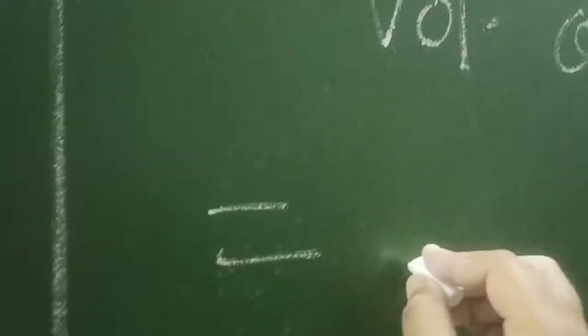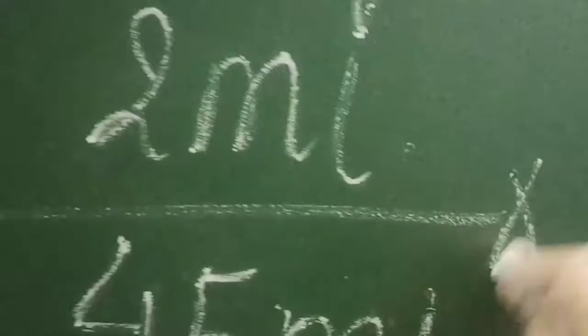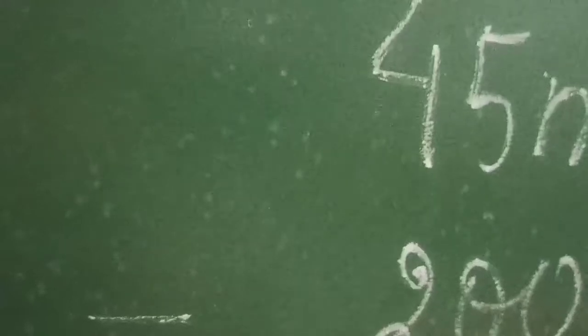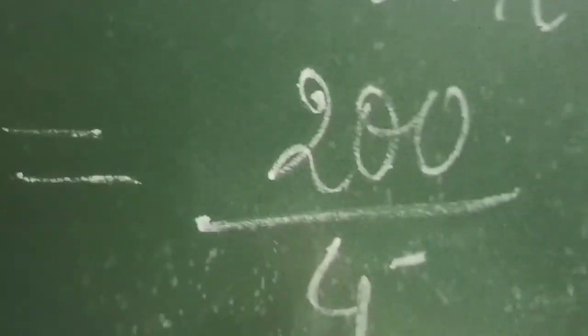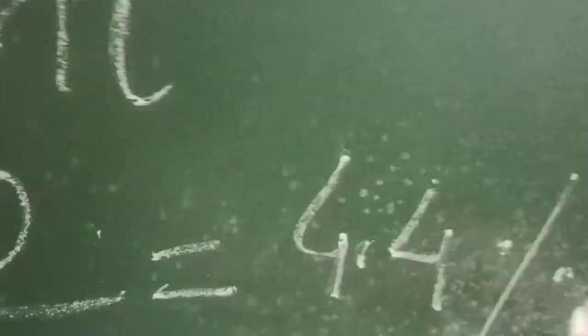So the volume of solute in this case is 2 ml and the volume of solution is already given, it is 45 ml. Now it is 200 divided by 45, which is equal to 4.4%.